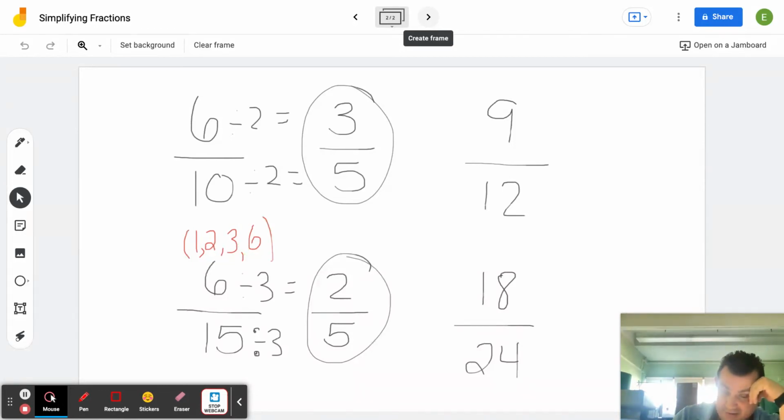Can 6 go into 15? Nope, it can't. So I have to cross that out. And that leaves me with 3. Can 3 go into 6? Well, we know it can. Can 3 go into 15? It can. So it doesn't even make a difference if 2 or 1 can go into it, because 3 is the greatest factor that we know can go into both numbers. And there you go. You got 2/5.